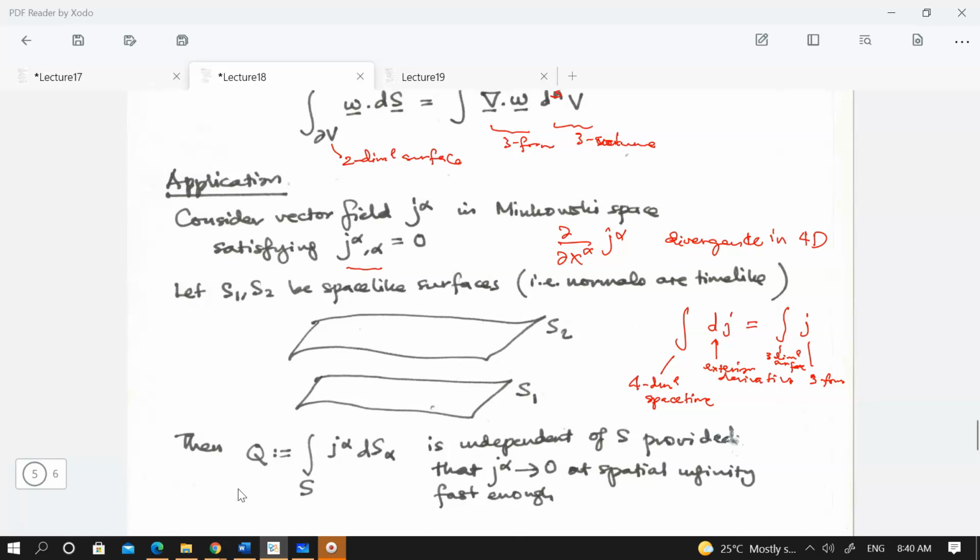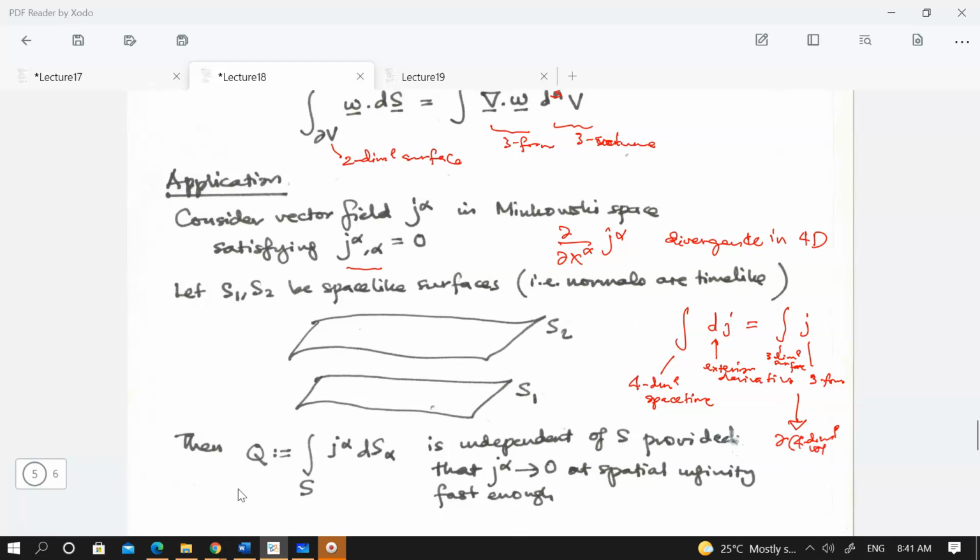So this integral will give you a 0 thing here, but where is this conservation of charges coming from?